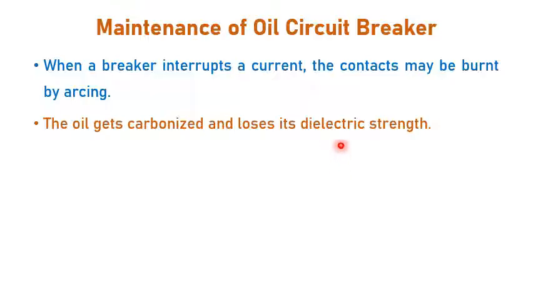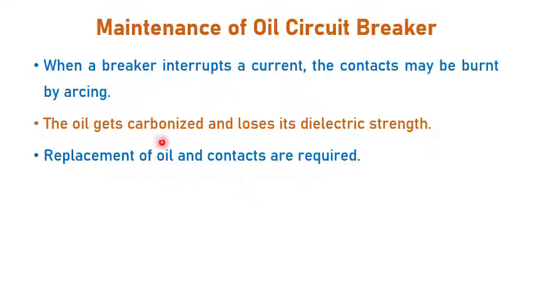If the oil loses dielectric strength, then it cannot quench the arc, or it cannot provide proper insulation. Hence the replacement of oil is frequently required, and also the replacement of fixed and moving contacts is required.